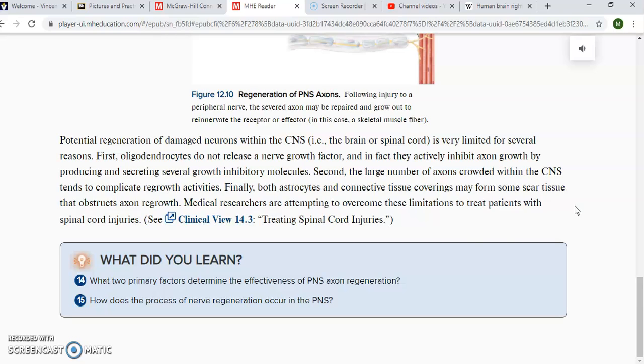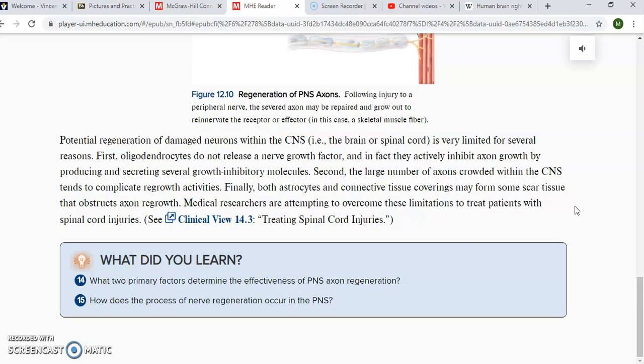The astrocytes can form scar tissue. So if we lose some of the parts of the axon or some of the neurons, what they do is lay down scar tissue, probably a lot of connective tissue. And then if they lay that down, or they stimulate that to be laid down, then there's no room for the axons to regenerate either.